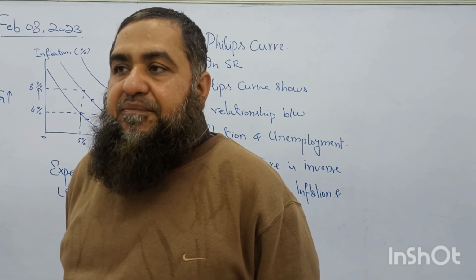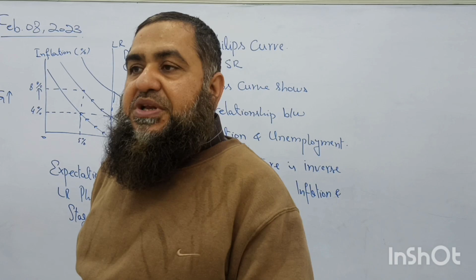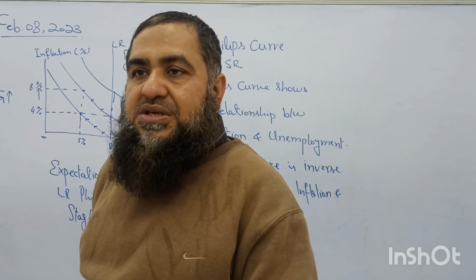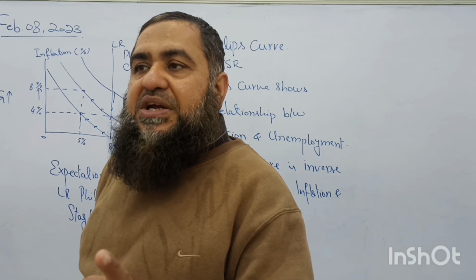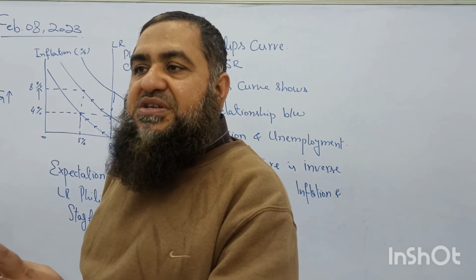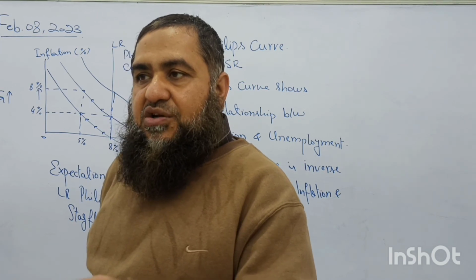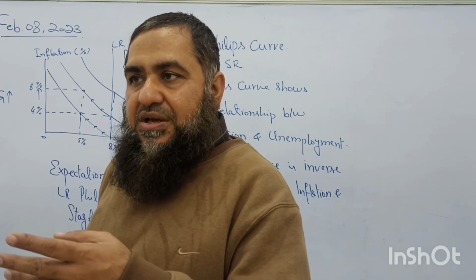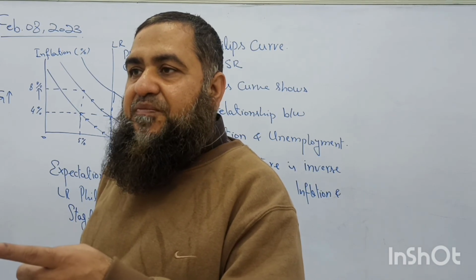Why is it happening? It is due to government borrowing too much money from the commercial banks. So what happens? It will reduce the availability of loans for the private sector. As a result, interest rate on loans will increase and firms are not interested to invest.